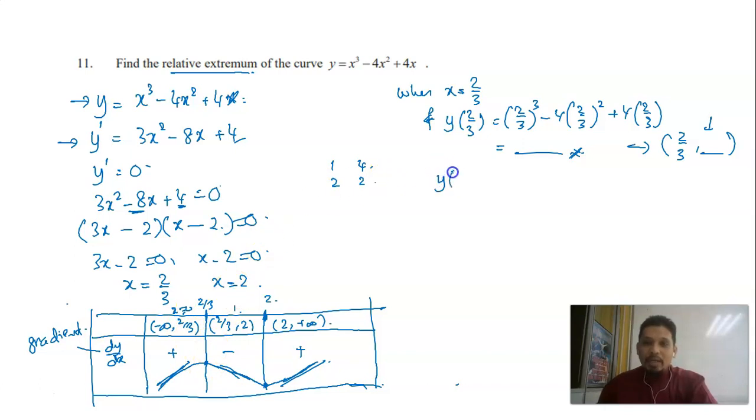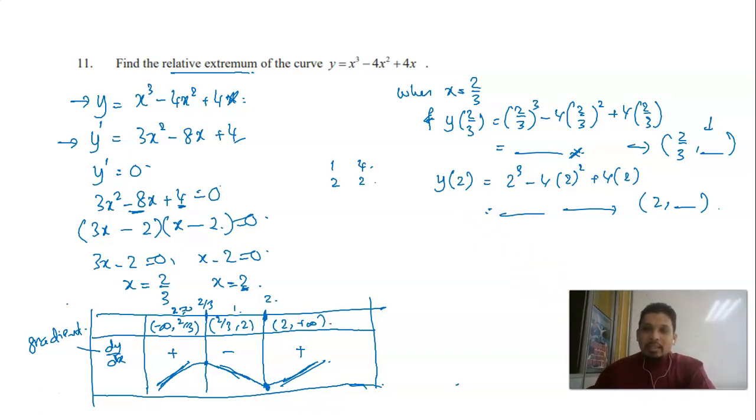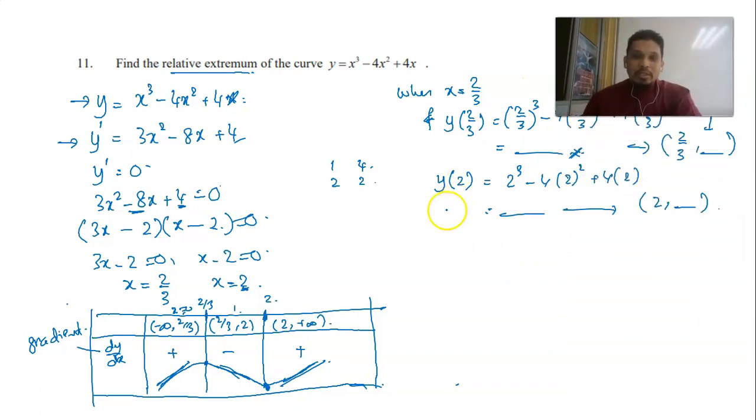And also for x equal to 2, the second value of x, then 2 cubed minus 4 times 2 squared plus 4 times 2. You get the value here. So this is the second coordinate, 2 and something here, of the stationary point for this graph.